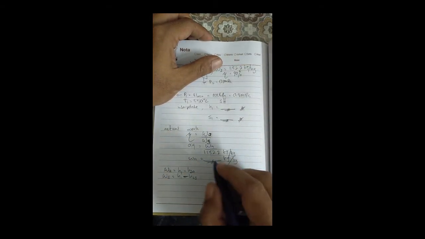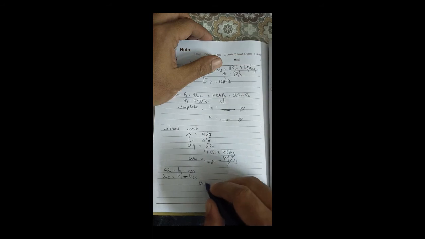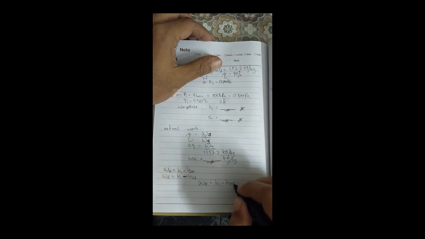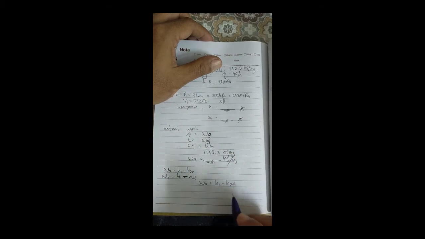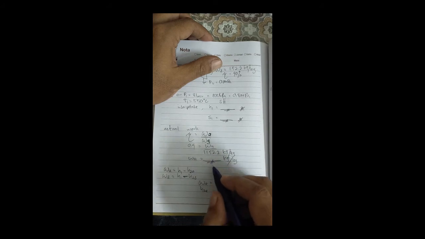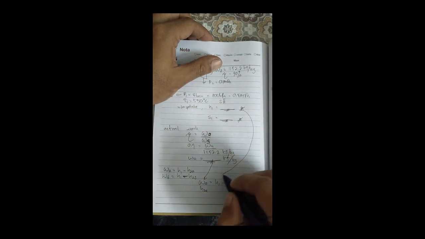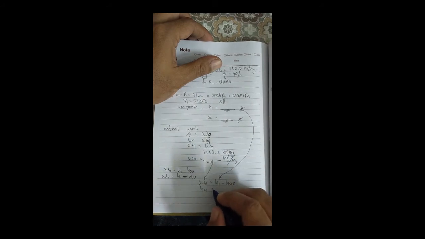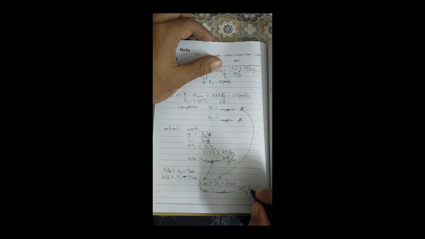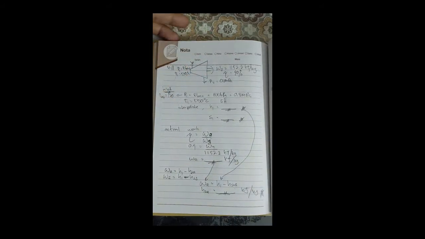So we have work actual H1 minus H2A. So H2A, work turbine, this value, H1. Okay, so H2A, kilojoule per kg. Alright.